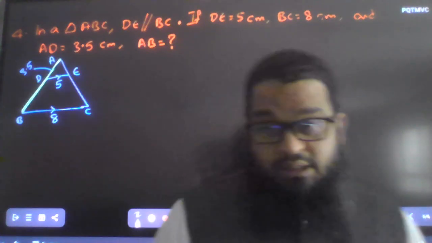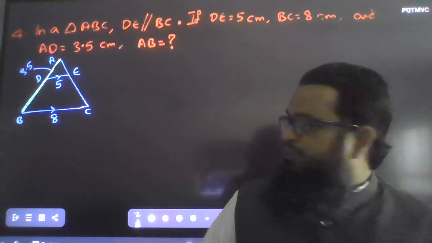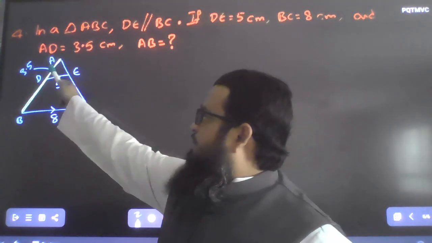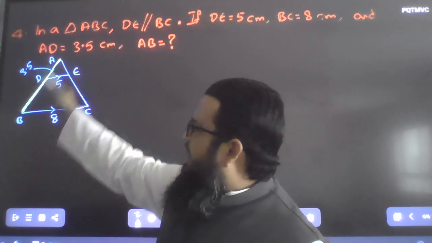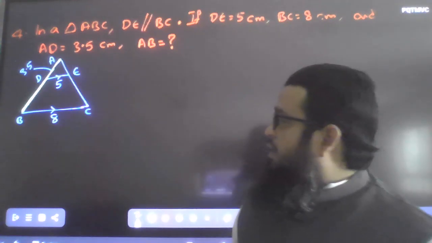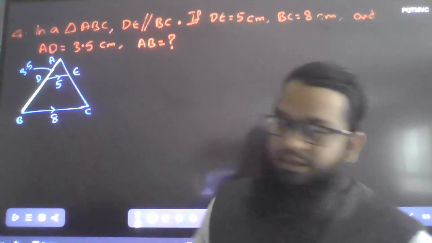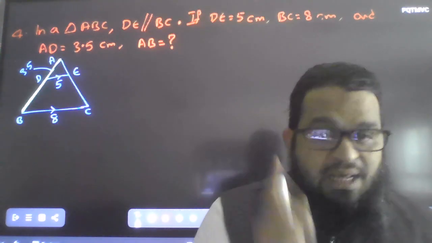So it's simple. What is the basic proportionality theorem? When a line is drawn parallel to BC, the other two sides are divided in equal proportion. AD by DB is equal to AE by EC, right? But here we don't have AE and EC. So we have to use another one. What is that? Similarity of triangles.